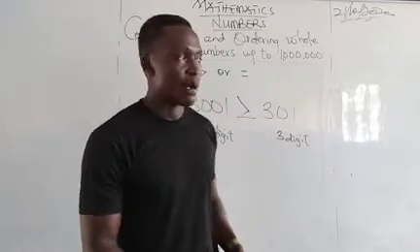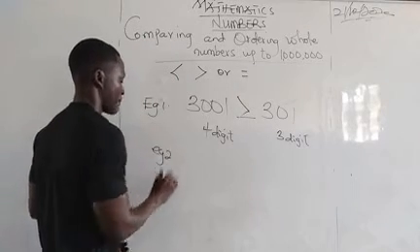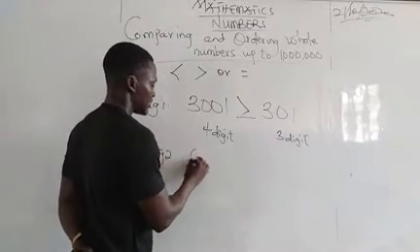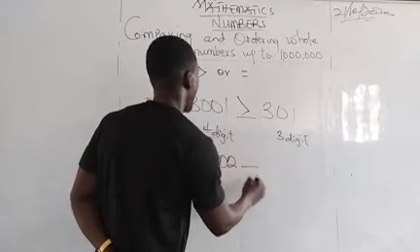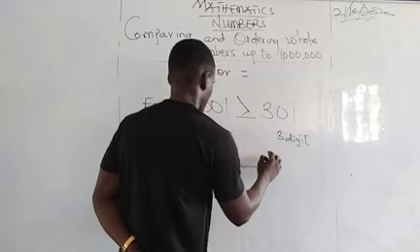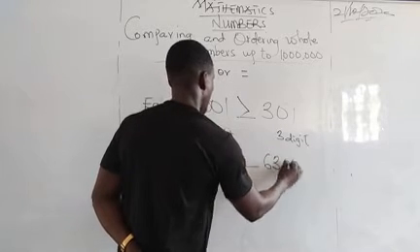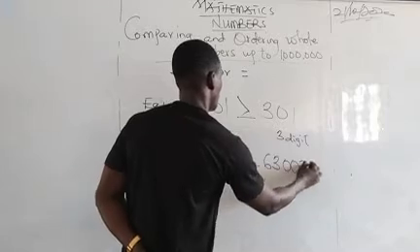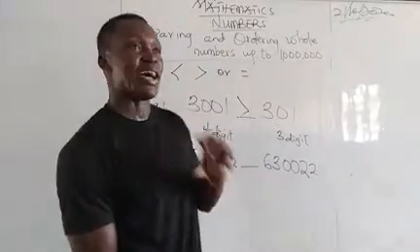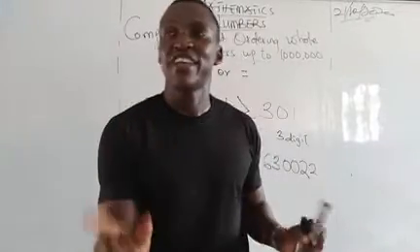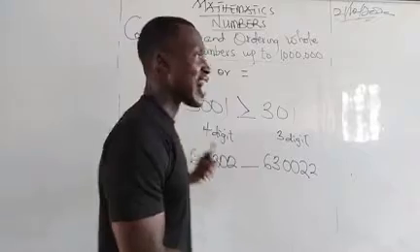I hope you are all following. We will solve more examples until you get it well. Let's take another example. When I have 63302 and 630022, the first rule says that first we count the number of digits each figure has.